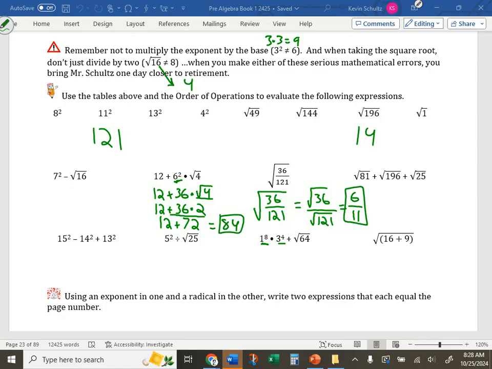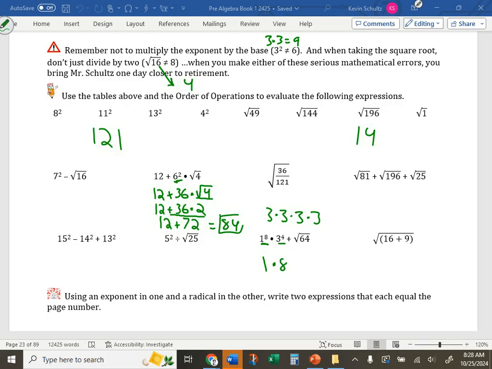So what's 1 to the 8th? 1 times 1 times 1 times 1 times 1 times 1 times 1 times 1. 1. 1 to the 8th means 1 times itself 8 times. 3 to the 4th means 3 times itself 4 times. 3 to the 4th means 3 times 3 times 3 times 3. Who knows what that is? 81. 3 times 3 times 3 times 3 is 81.